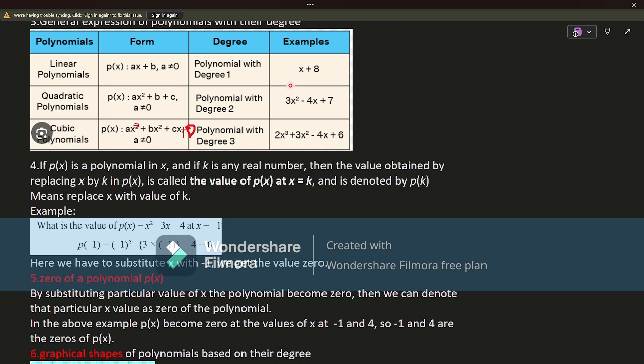At x equal to 1, the polynomial becomes 1 plus 8 equal to 9. At x equal to 1 means we are substituting 1 in the place of x. So 1 plus 8 becomes 9. Here the value of the polynomial at x equal to 1 is 9. This is the meaning of this entire definition.